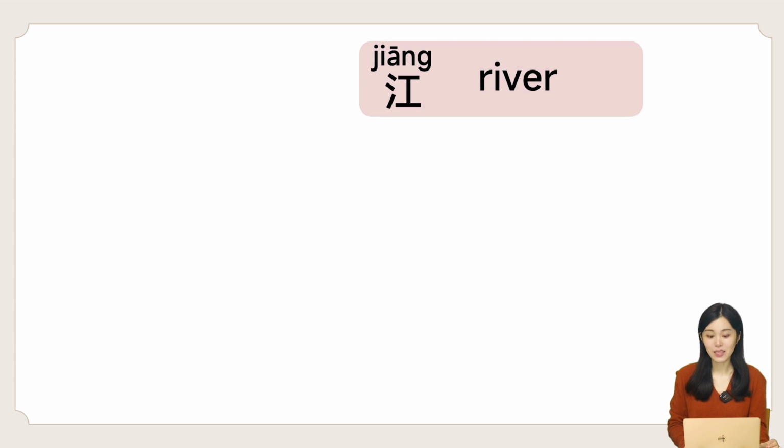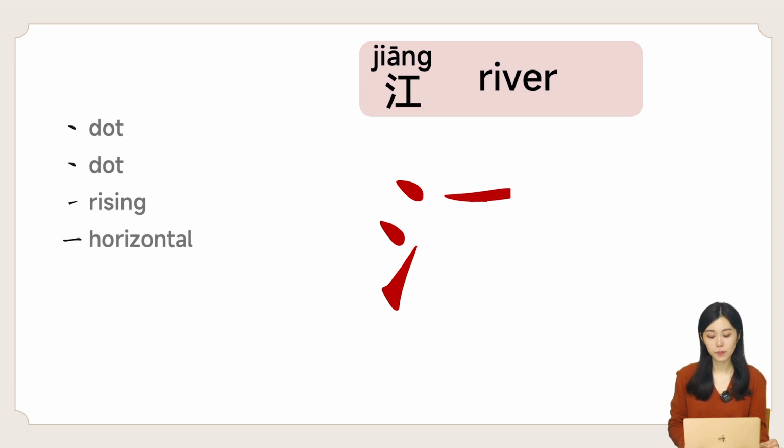So first we write the dot on the top, then the dot in the middle. The last stroke of water radical is a rising below. Now move on to the right part of this character. First we write the horizontal stroke on the top, and then a vertical stroke. The last one is also a horizontal stroke.